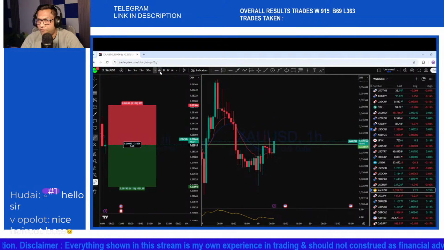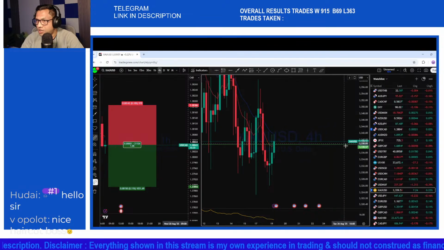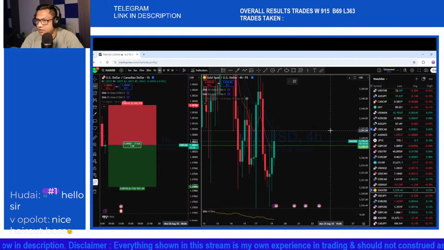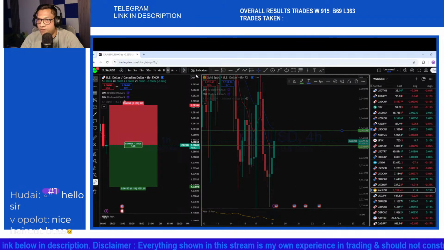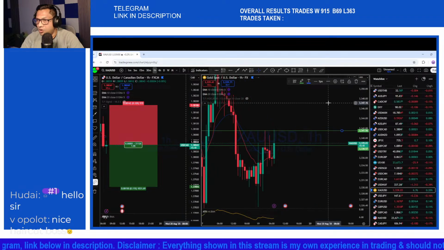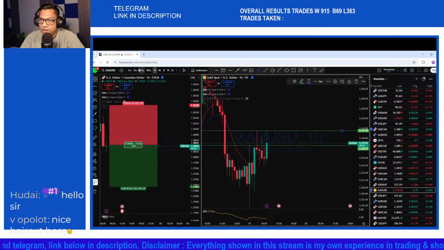So looking at the 4 hour and the lower time frame, here is the lower time frame price action that you can see. This is the previous resistance line from the weekly, daily, and the lower time frame. Look at the 1 hour chart here on XAUUSD and the lower time frame.